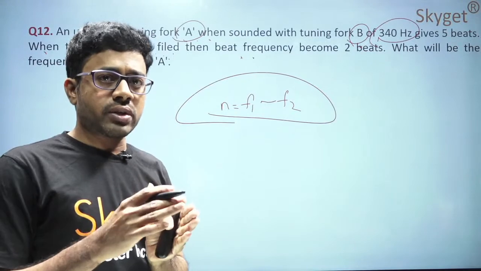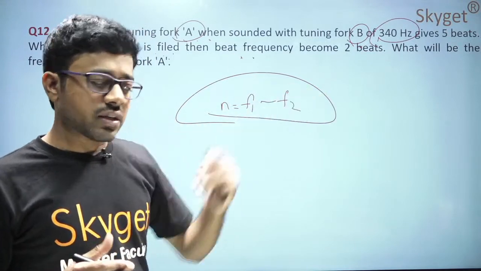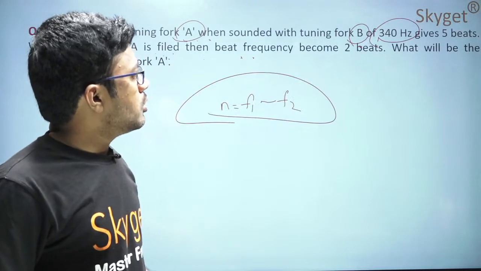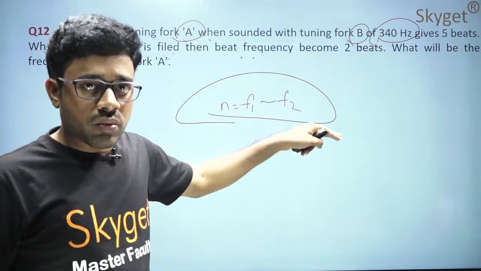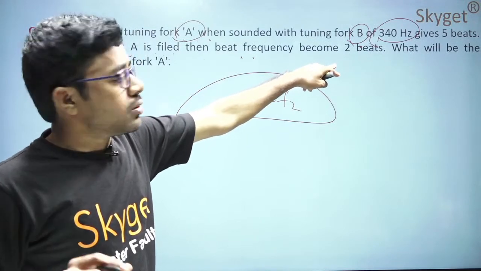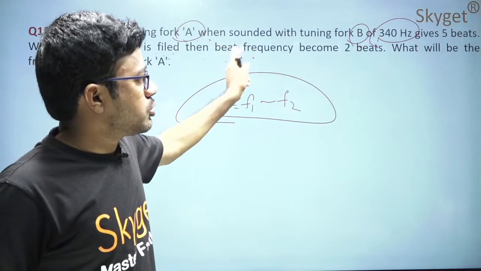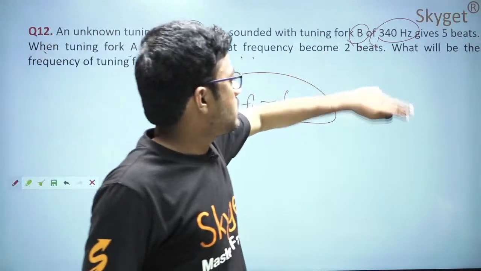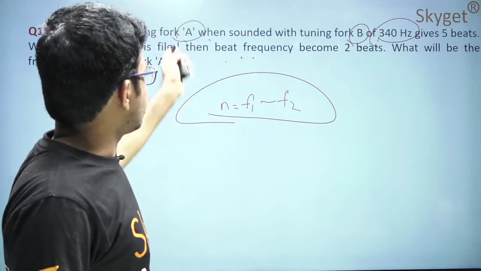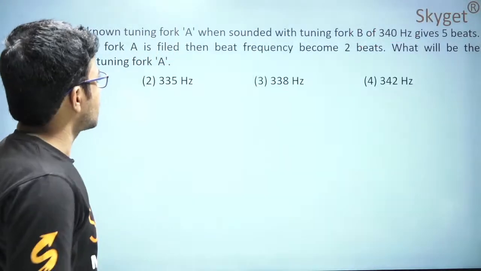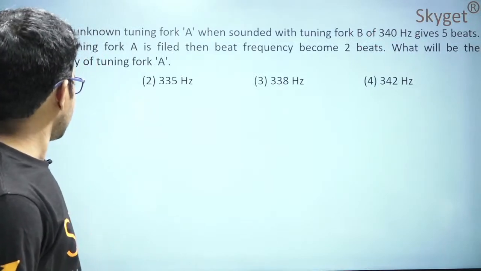So it has to be the lower one, that is, it has to be 338 to give 2 beats. So first it has to be 335, and when filed, the frequency becomes 338. So the frequency of tuning fork A is obviously 335 hertz.